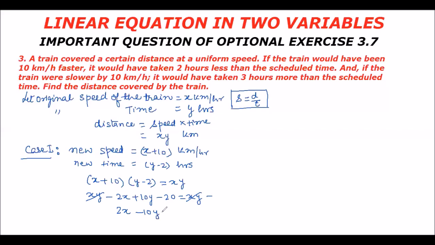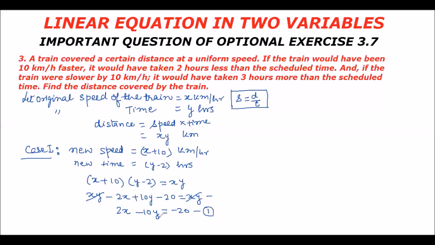I'm multiplying both sides with a negative sign, so these terms will become positive, but when I transpose the constant to the other side of the equal to sign, it will be minus 20. Let's call this equation 1.